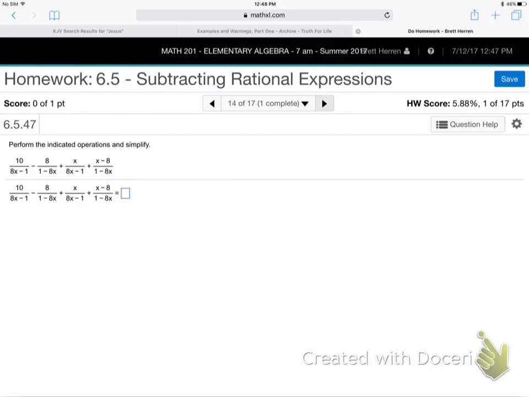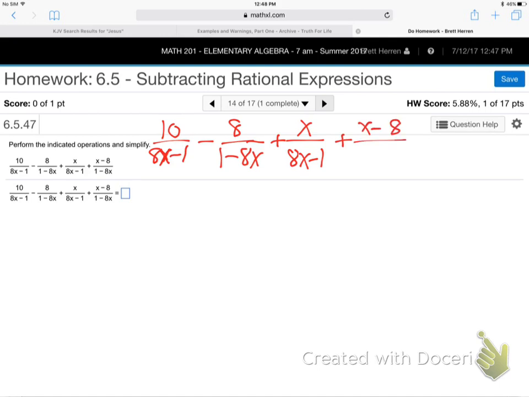Okay, so 14 has 10 over 8x minus 1, minus 8 over 1 minus 8x, plus x over 8x minus 1, plus x minus 8 over 1 minus 8x.